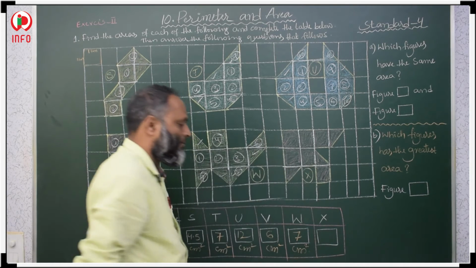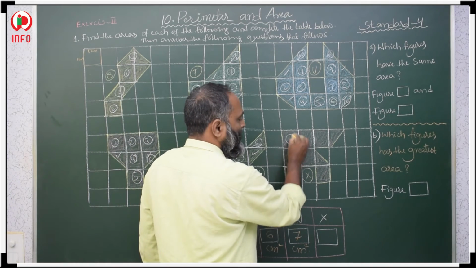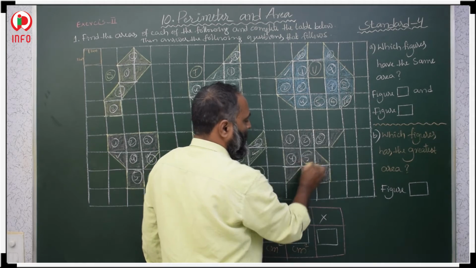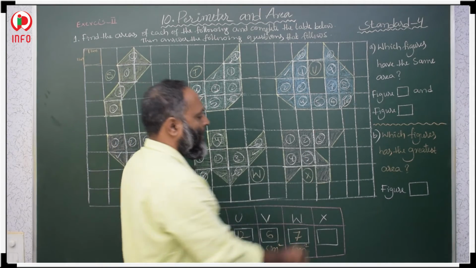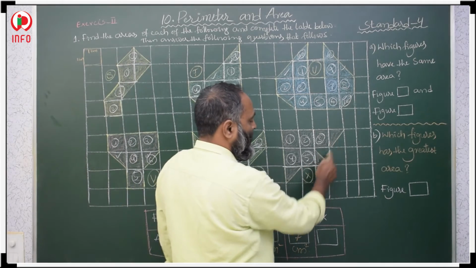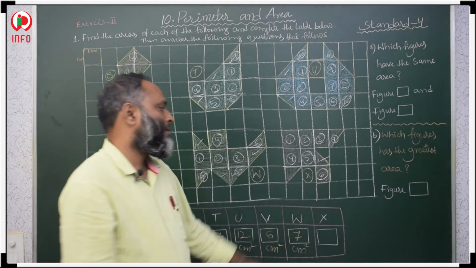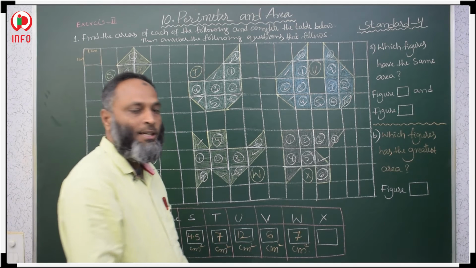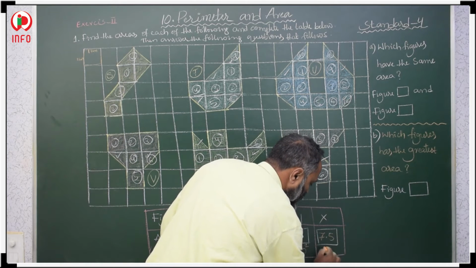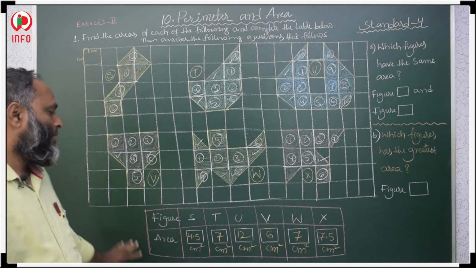Next, X. In X complete squares 1, 2, 3, 4, 5. 5 complete squares, and this is the 6th complete square, and half, 7th complete square, these two. This is 0.5, means 7.5, 7.5 centimeter square.